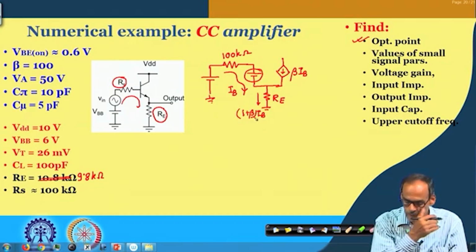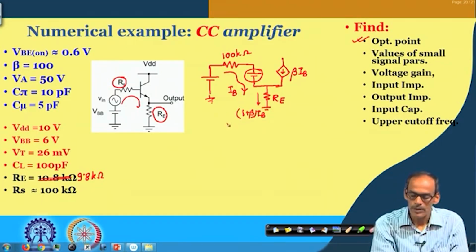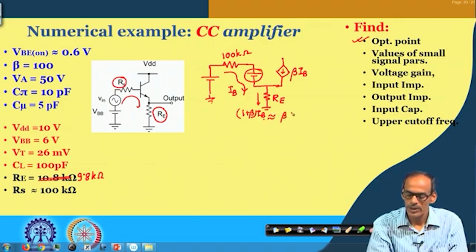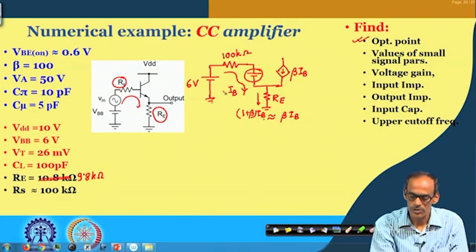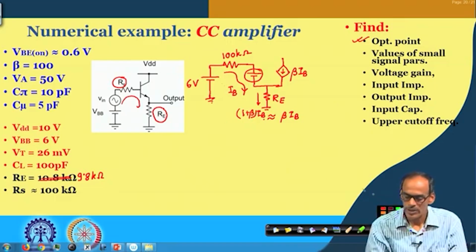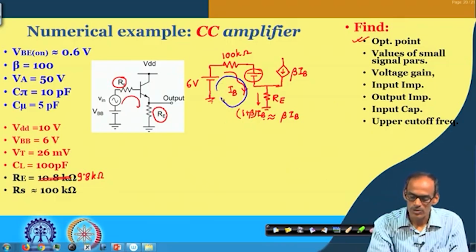If I consider that this current is approximately equal to beta into IB, and then analyze this circuit, namely the potential drop through this loop, we get 6 volt here, and then 0.6 volt here.